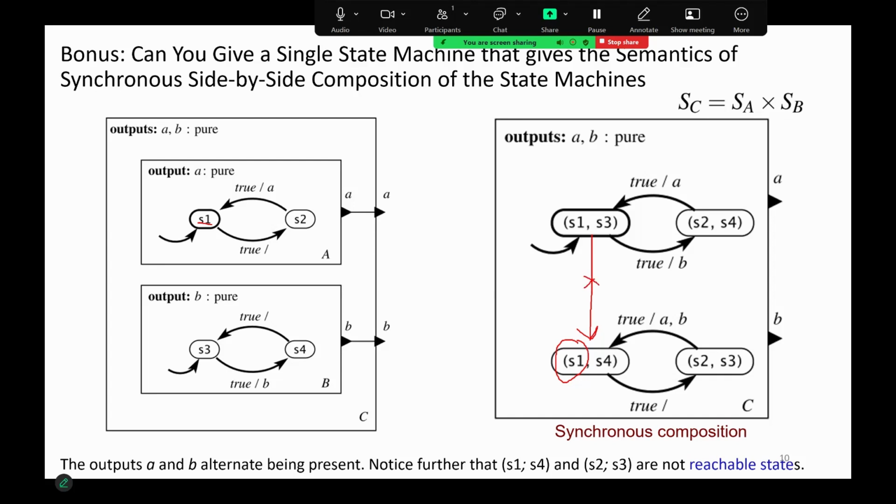There's no transition because both of them react. So this is a high level note on the difference.